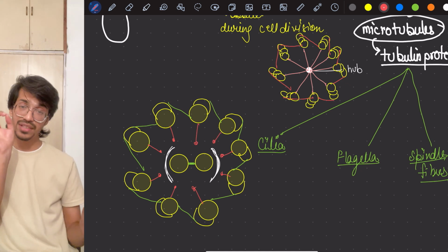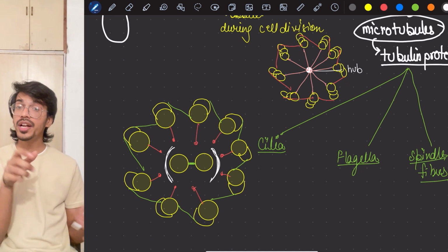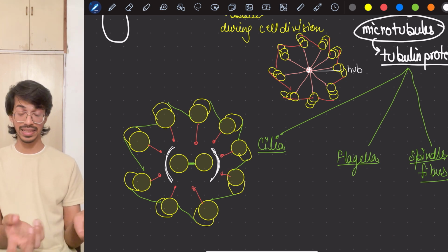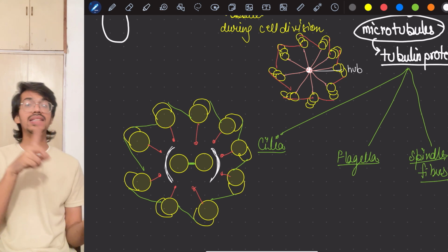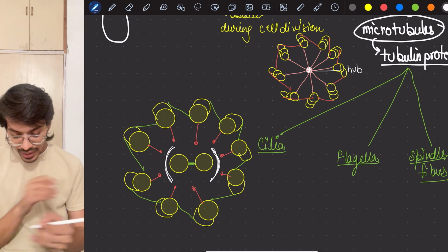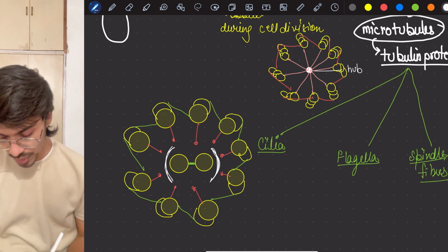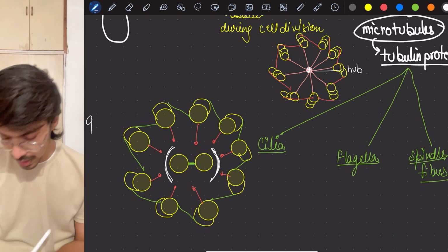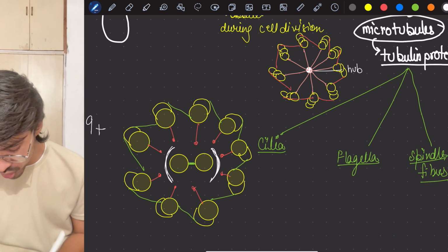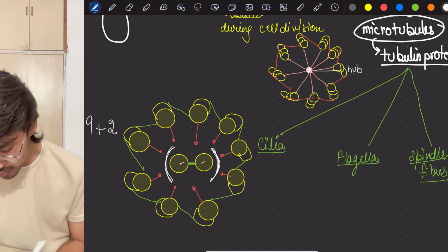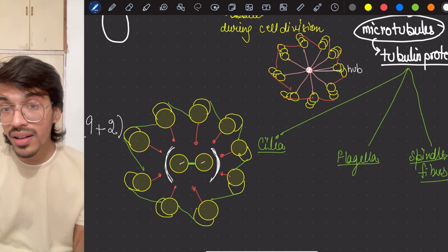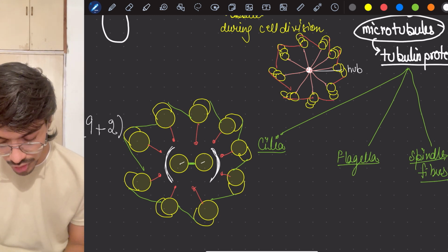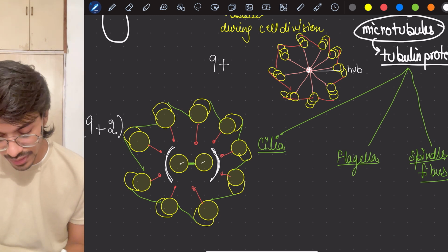Now the major question they will ask you is what kind of microtubule arrangement is seen in the centriole and what kind in the cilia and flagella. In cilia and flagella, we see an outside periphery of 9 doublets plus 2 microtubules present in the center. Whereas in the centriole, there are 9 triplets, but in the center nothing is present.